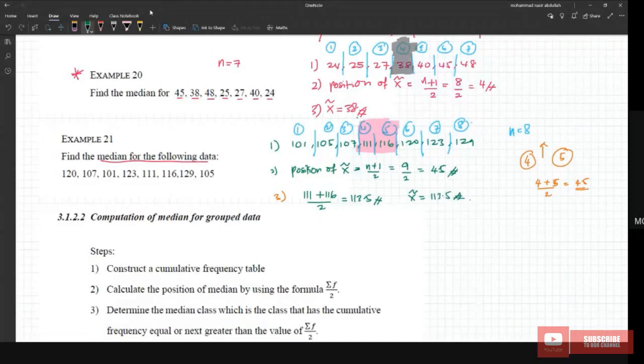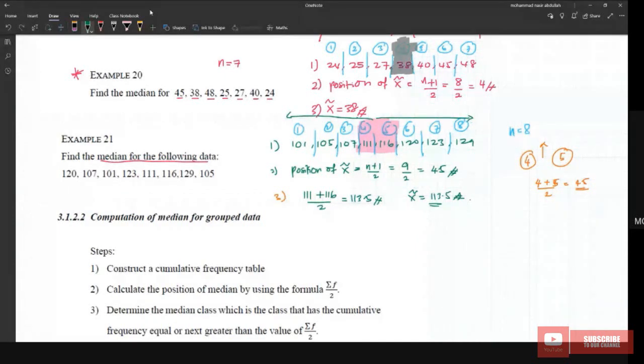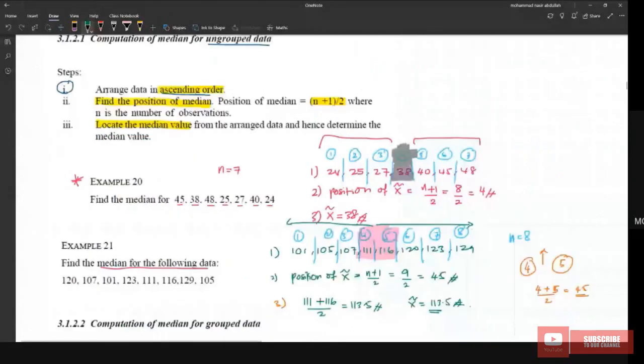Do you get the idea? Do you understand how to find the median for ungrouped data? Can you comment on the chat room? Yeah, good. So how to interpret this one? We can say that 50% of the data have values less than 113.5, while the other 50% of the data have values more than 113.5. So this is how we calculate the median for ungrouped data.